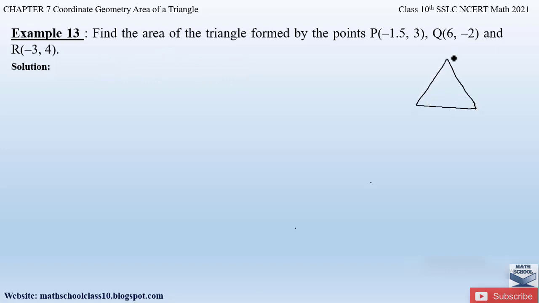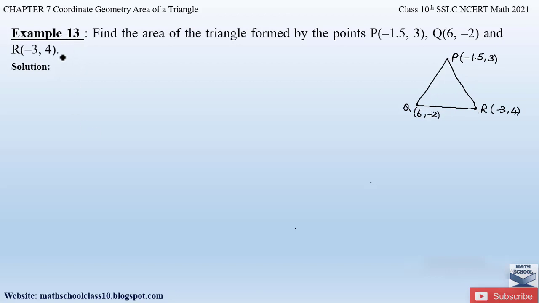A triangle always has three vertices P, Q and R, whose values are given as P (minus 1.5, 3), Q is (6, minus 2) and point R is given as (minus 3, 4). So these are the three vertices of the triangle. Now let us apply the area of a triangle formula to find the area of triangle PQR.